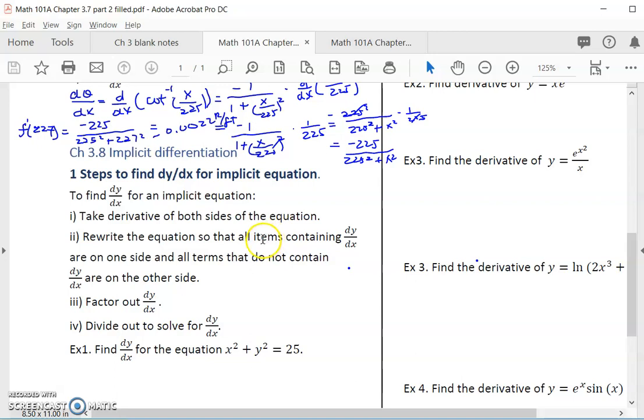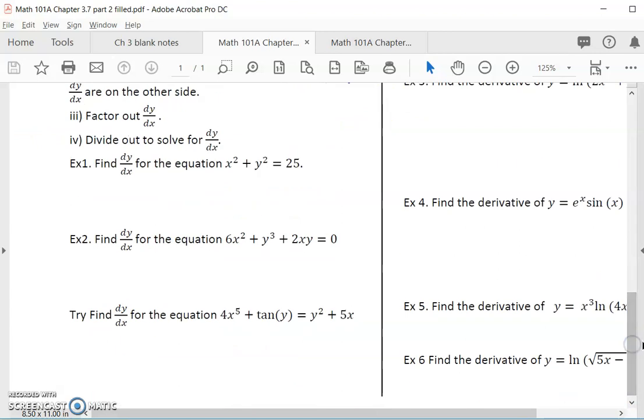So we have d dy instead of d dx, and then we write dy dx at the end. After that, we rewrite the equation so that all terms containing dy dx are on one side, and all terms that do not contain dy dx are on the other side. Then we factor out dy dx, and then we divide to solve for dy dx. So that's the general idea.